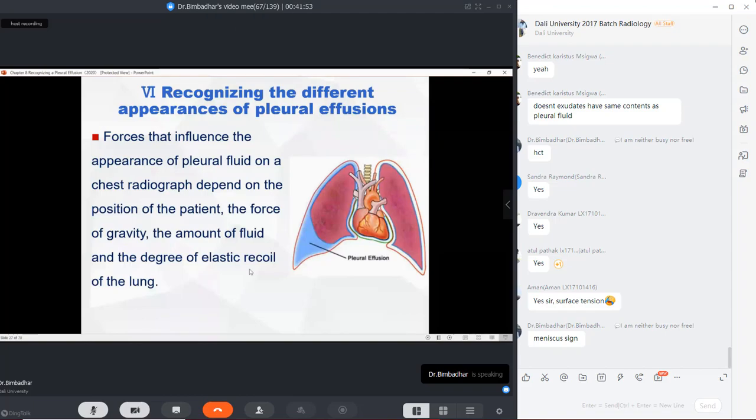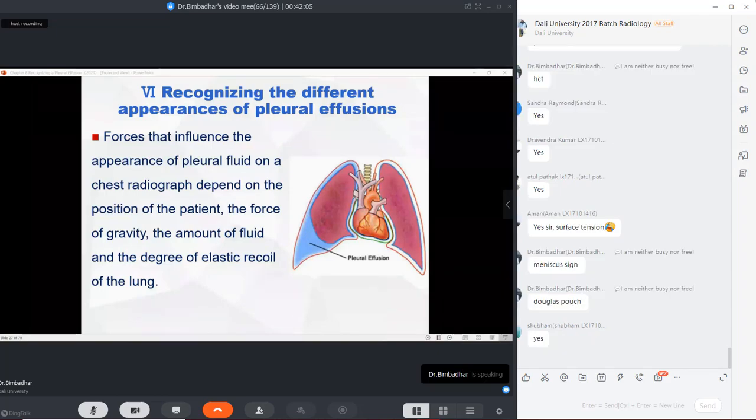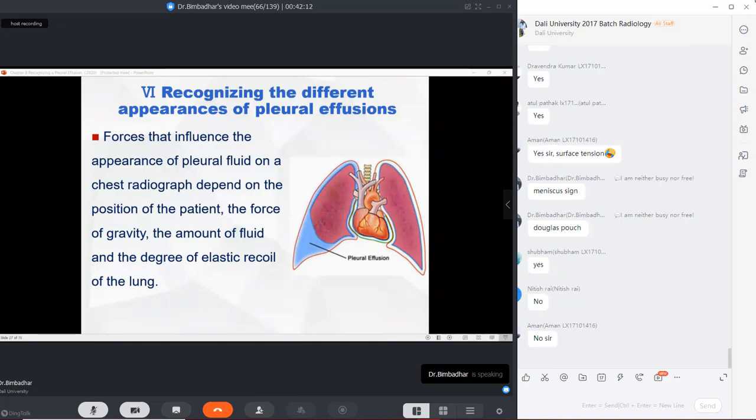What is the space present down in the abdomen? It is the Douglas pouch. Did you hear this name? Douglas pouch. That is the dependent area in the abdomen. Costophrenic recesses in the thorax are the dependent area. Try to get back to your anatomy book and find out what a Douglas pouch is.